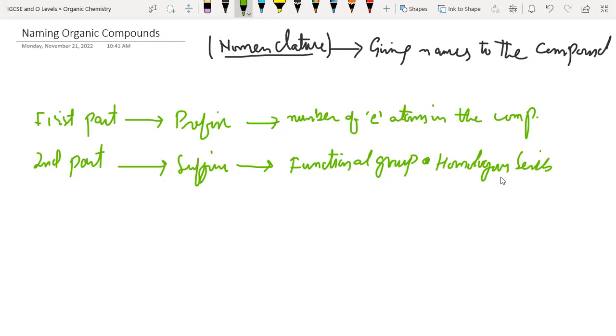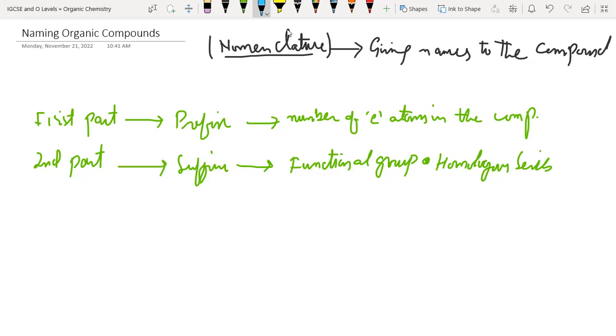These two things are responsible for the nomenclature of an organic compound. Number one, the prefix represents the number of carbon atoms in the compound. The second part of the name is the suffix, and it represents the functional group or the homologous series of the same functional group.